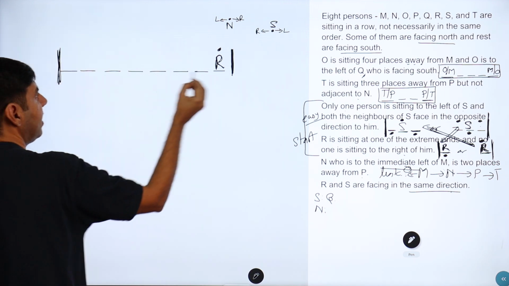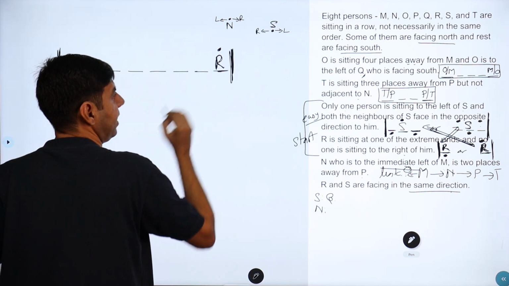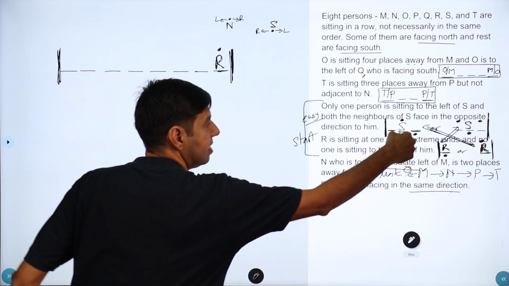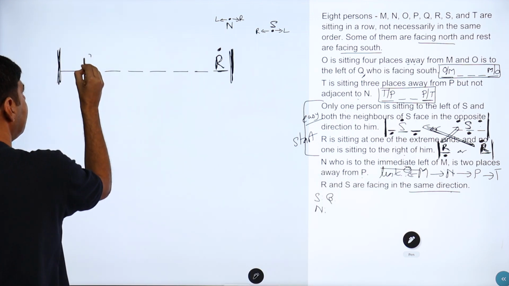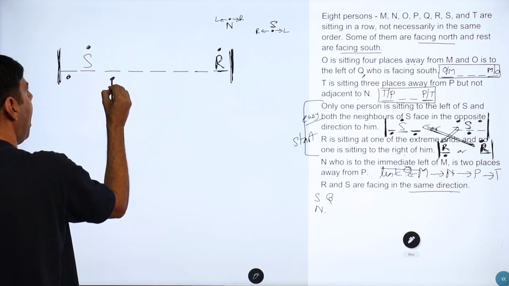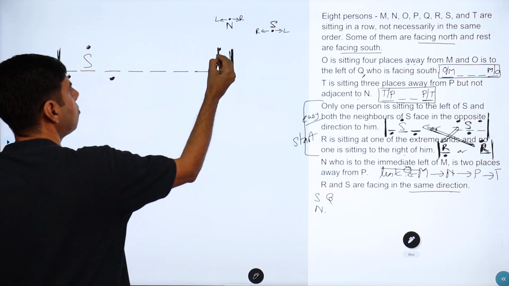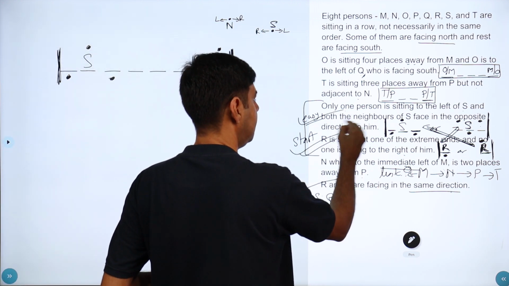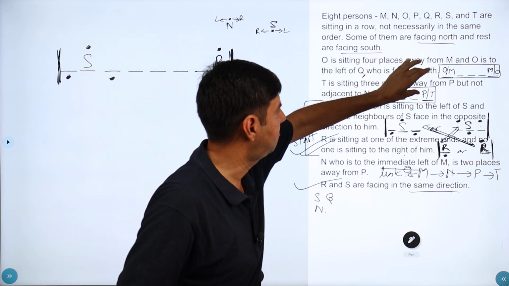This is the left end, this is the right end. Because R is upward, S is also upward, so it has to be this out of these two. So S is at the left end, so this is up, and these are the people who are facing down. And if you actually look, you hit a roadblock. This is used up, this is done, so nothing is left except this first, second, and this.